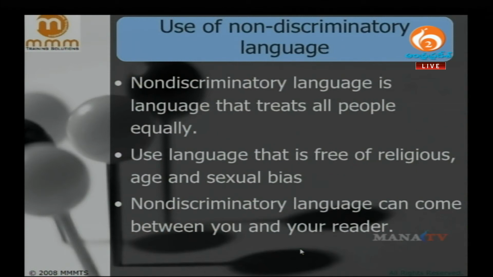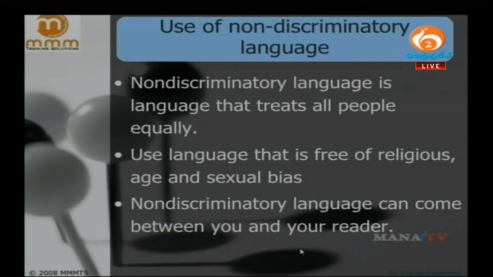Keep in mind that you have to respect the readers. You have to respect not just their time, but also their opinions, without harming the trust of the reader. Use language that is free of religious, age and sexual bias.